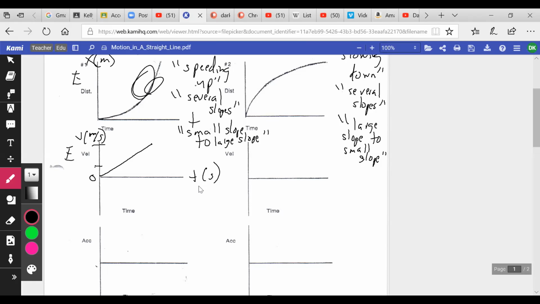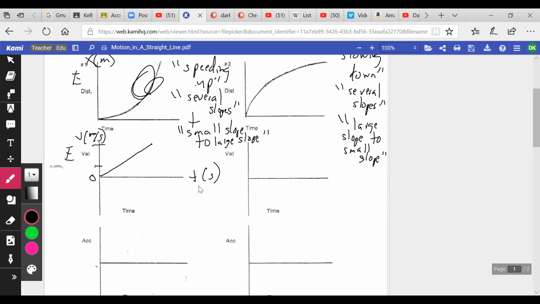Since acceleration is constant, would it just look similar to the velocity graph? Not similar. Where it's increasing? No, we have a constant slope.